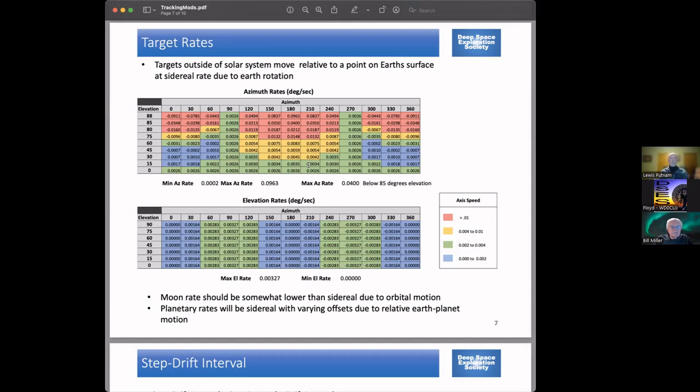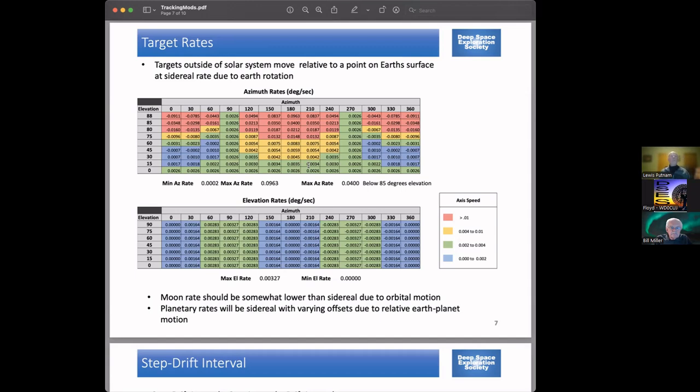So the range of values for the elevation: the fastest rate in this table is 0.00327. Given the granularity of the table, the max elevation rate might be a little bit higher than that, but will be quite close to that. And the min elevation rate's 0, whereas on the azimuth, the min rate is, well, it's essentially 0.